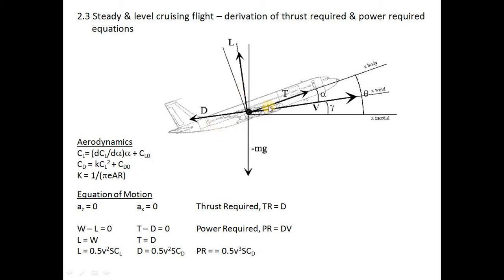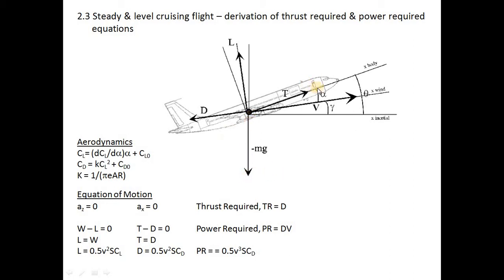The rest is all the forces on the plane, at the CG. We have lift, which is perpendicular to the wind axis, drag parallel to the wind axis, thrust parallel to the body axis, and mg weight, which is perpendicular to the earth axis, basically straight in the z direction.